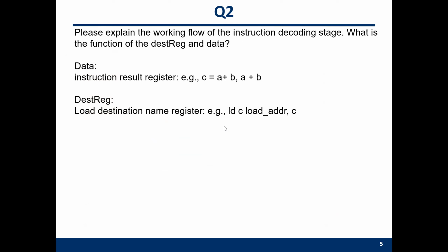The data is the result of the computation, and the destination register is the destination variable.